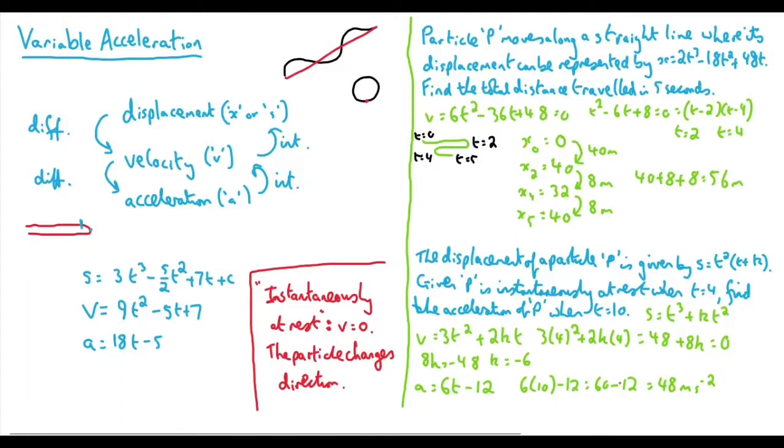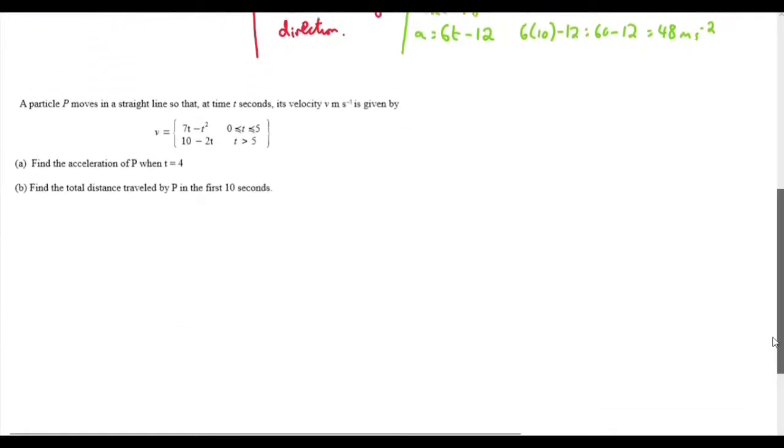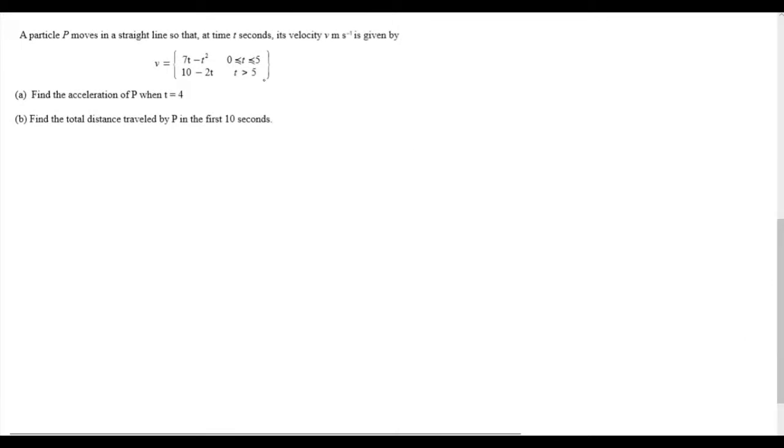If we're good with that, let's just wrap up by looking at one further question from a paper. Now, this question here is displayed slightly differently. We're given that a particle P moves on a straight line, so that at time t seconds, its velocity v meters per second is given by this expression here.